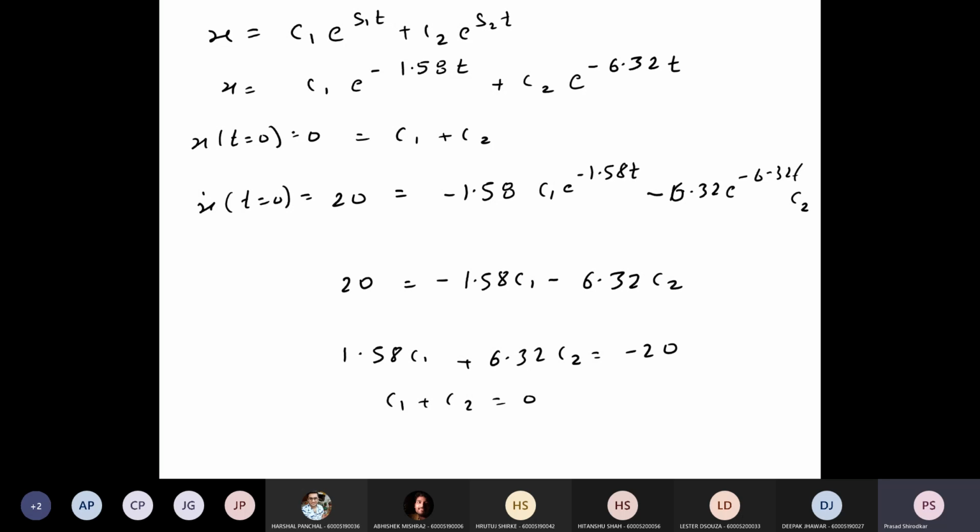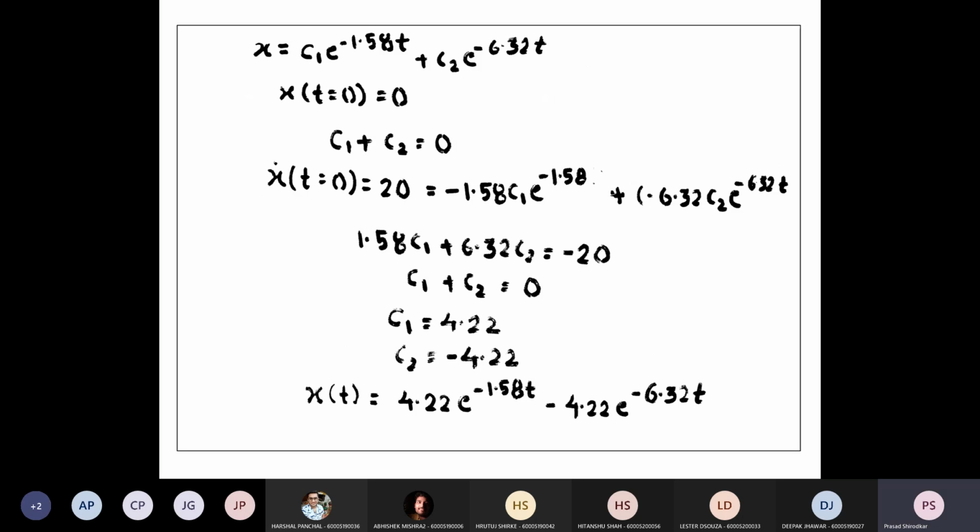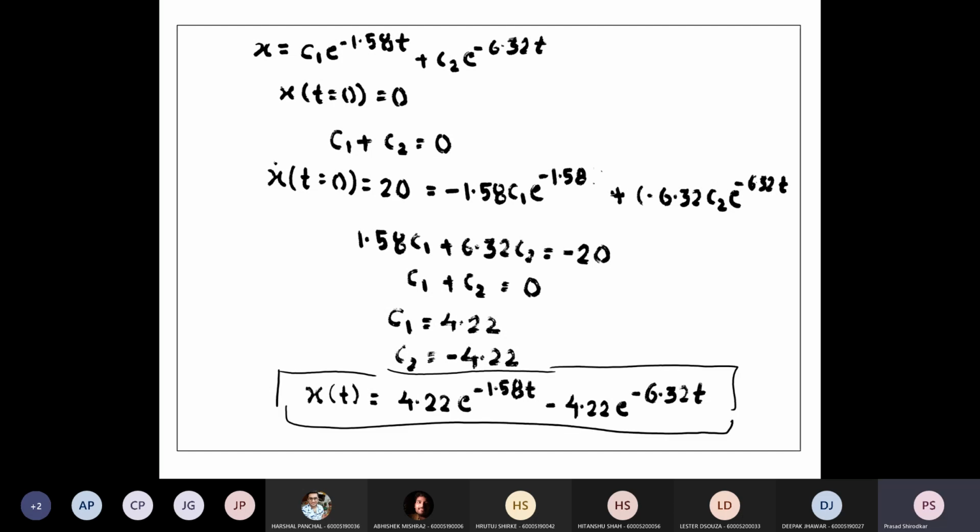Substitute the values and find C1 and C2. When you solve this, C1 comes out to be 4.22 and C2 comes out to be minus 4.22. So these are neat values. Substitute that in the equation and we get the equation for the displacement x(t). Now we have to find out x max. So how will you find out?